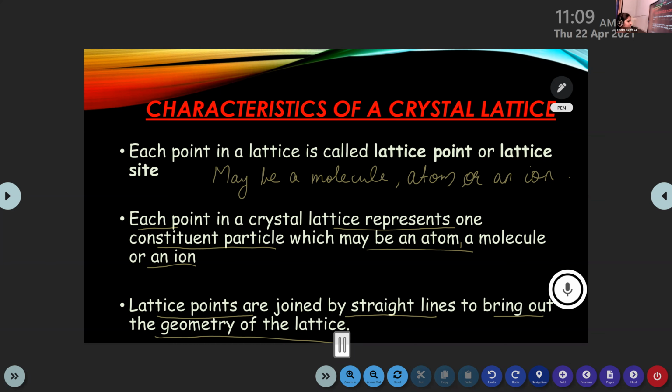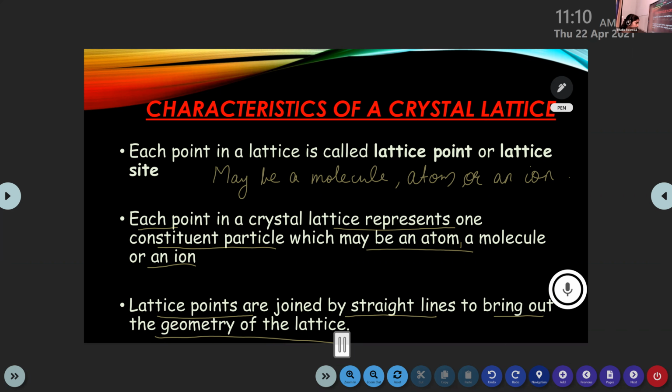So these are the main 3 characteristics of a crystal lattice. First, each point in that lattice is called a lattice point or lattice site. The second, each point in a crystal lattice represents a constituent particle. It may be an atom, a molecule, or an ion.